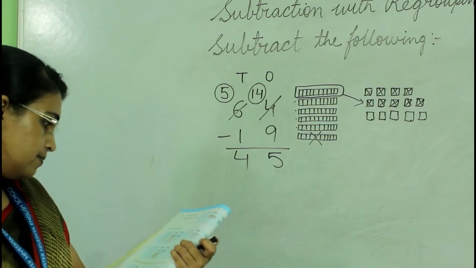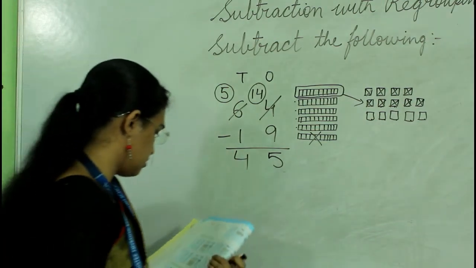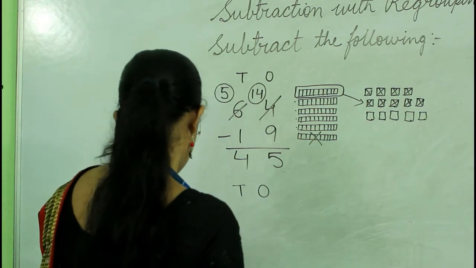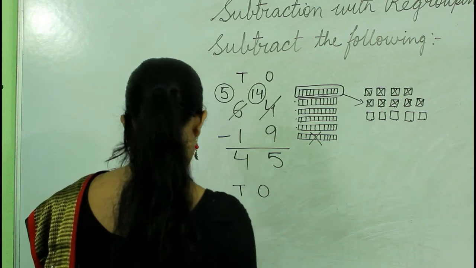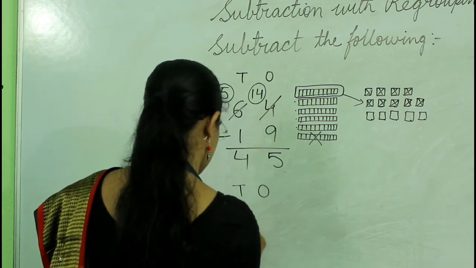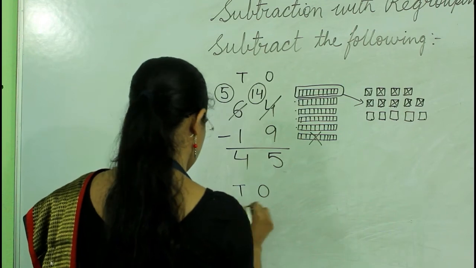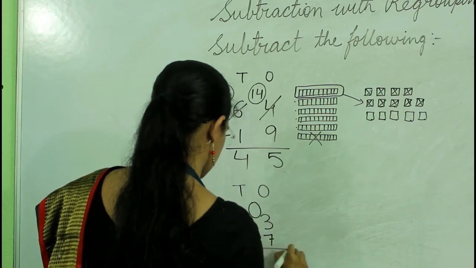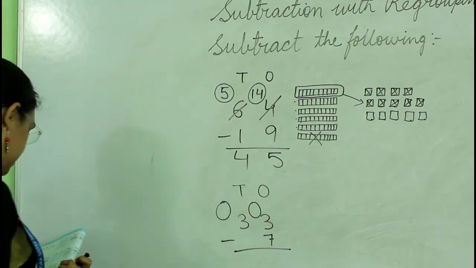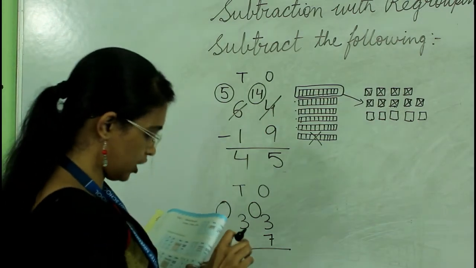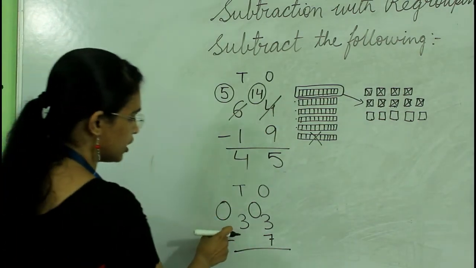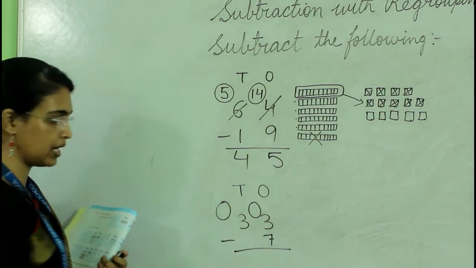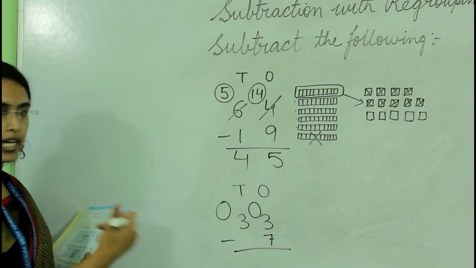Now our next question. Okay, now our next question is 33 minus 7. Here we have 2 digits in the first number but 1 digit in the second number.